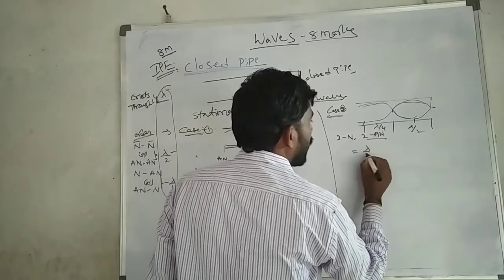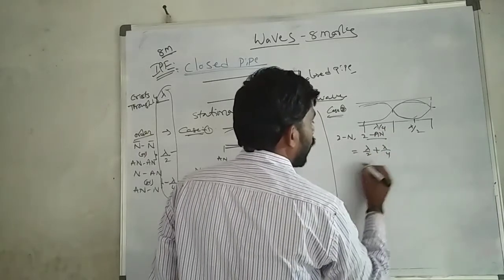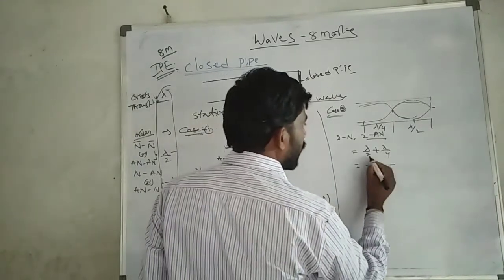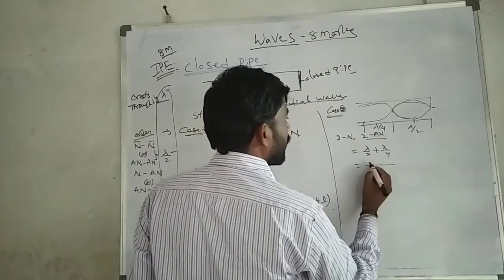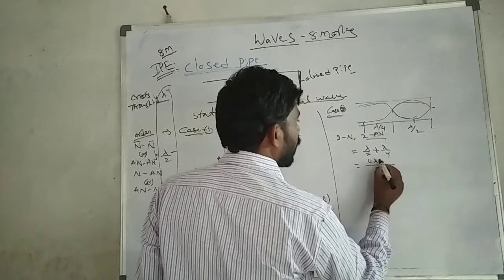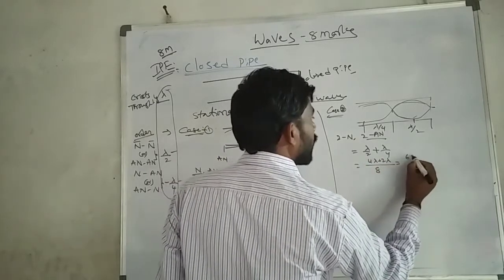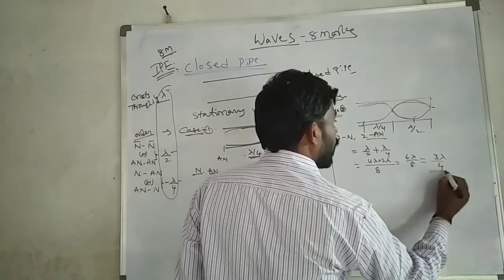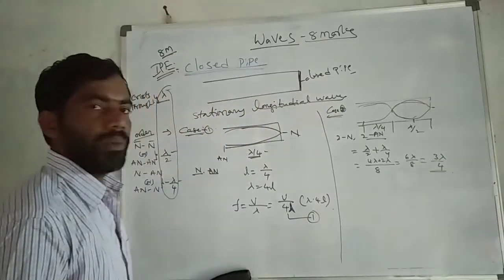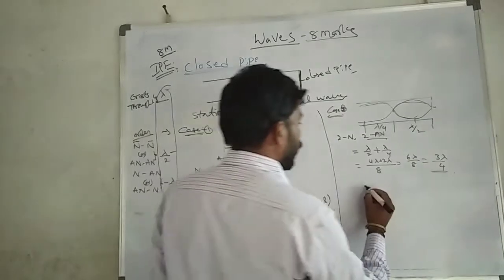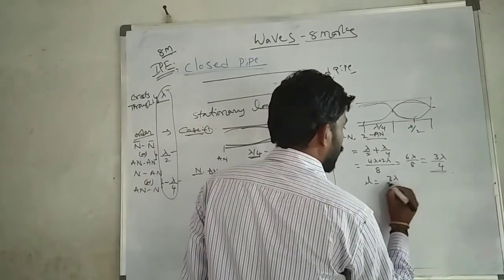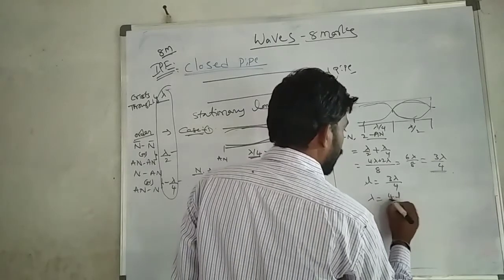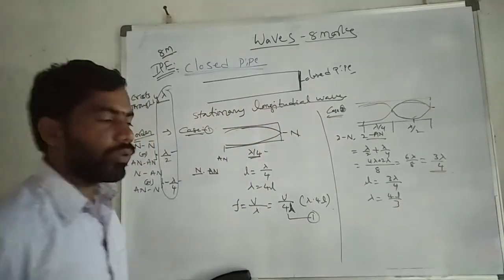So lambda by 2 plus lambda by 4 equals, taking denominator 8, 4 lambda plus 2 lambda, or 6 lambda by 8, so 3 lambda by 4. So L equals 3 lambda by 4 and lambda equals 4L by 3.